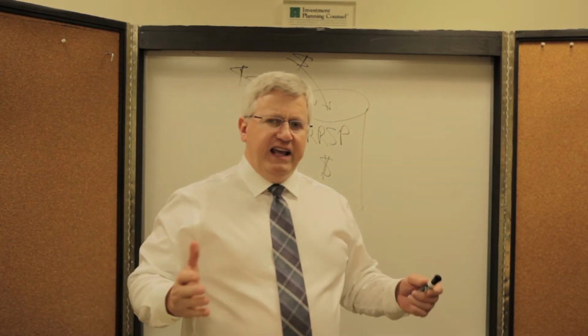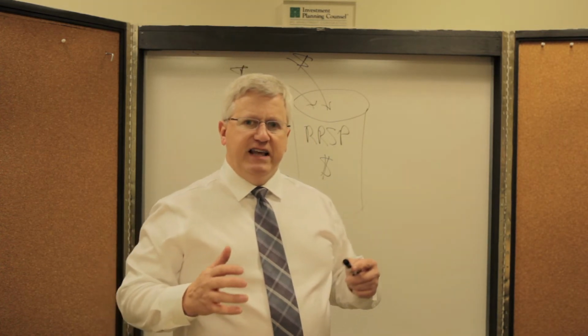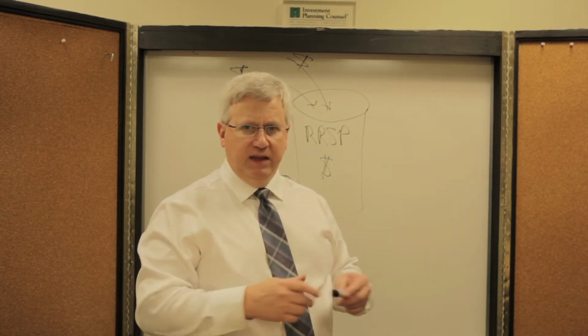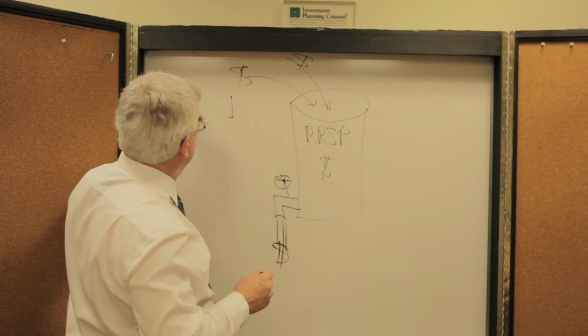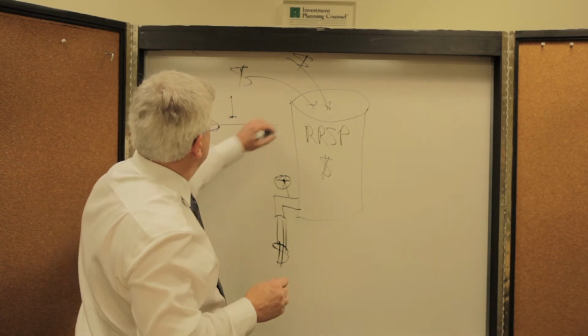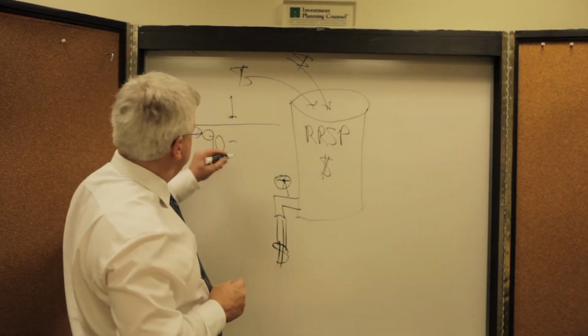So prior to age 71, the amount that you must withdraw is calculated based on a formula. And that formula is the number 1 over (90 minus your age).